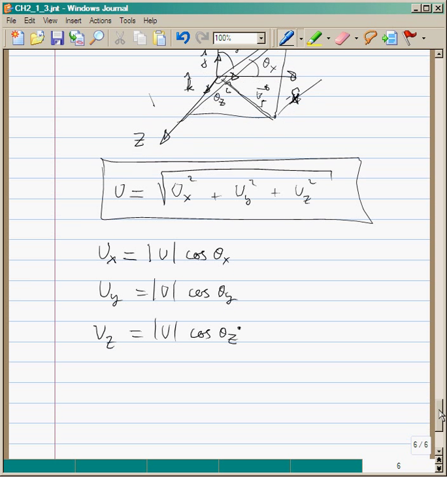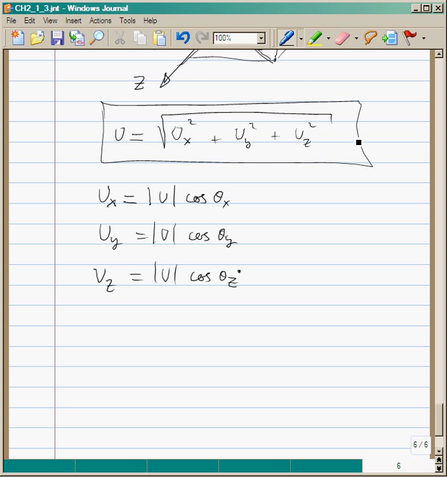Now we can check that this is correct. Since we know this relationship, we can square every component, ux, uy, uz, add them up, take the square root, and we better get u. So if we do this, ux squared is u squared cosine squared theta x. Then we're gonna add the square of the second term, u squared cosine squared theta y, plus u squared cosine squared theta z.